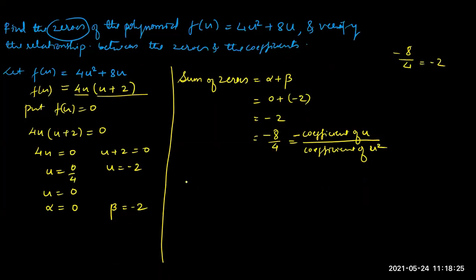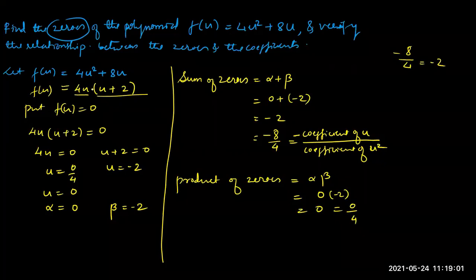Then similarly, the product of zeros. Sir, but we don't have a constant. If nothing is there, it means 0 will be there. Correct? 0 by 4. We have alpha into beta. Alpha is 0, beta is minus 2, so it is 0. You can write it as 0 by 2 or 0 by 4, anything you can write here, but we require the a term.